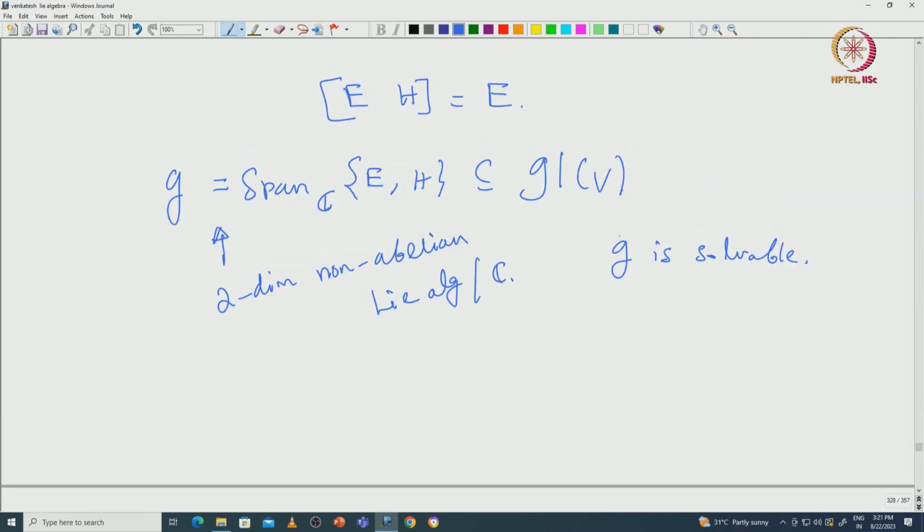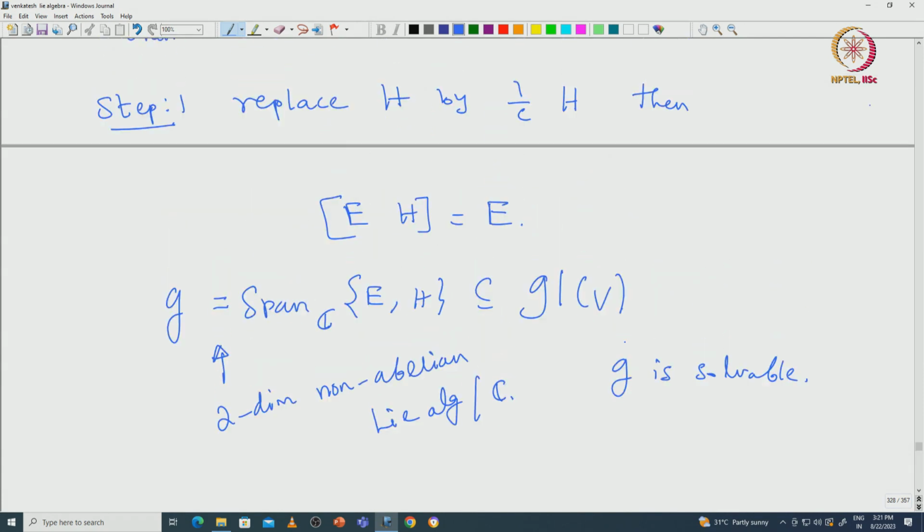Now look at E. E is actually a commutator of 2 operators, so that means E will be inside the derived algebra of G. In particular, with respect to the same basis, this E will be strictly upper triangular. So, that means E must be nilpotent.